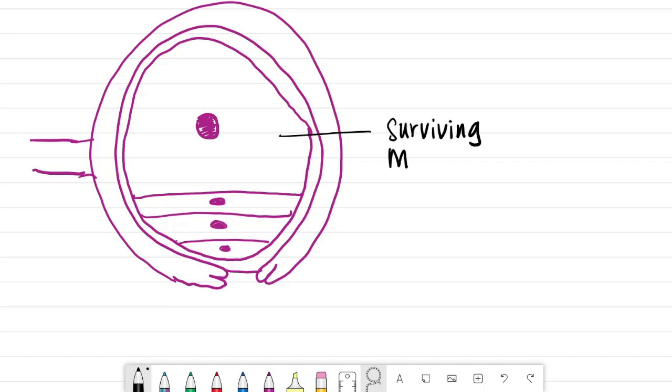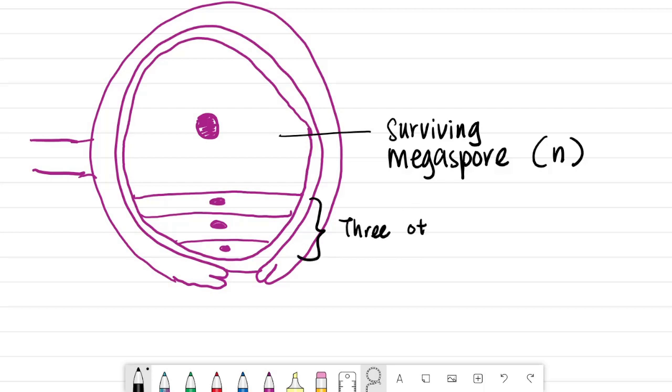So this one, we're going to write as the surviving megaspore. And this is haploid. These three are also haploid, but they will disintegrate. So these three other megaspores will disintegrate.